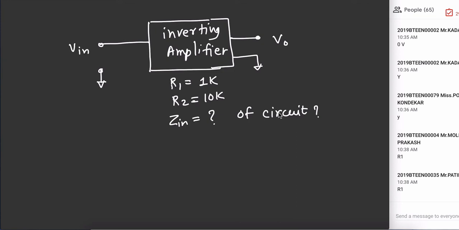It is equal to R1. Everybody understood this? So for inverting amplifier, the input impedance is decided by R1.